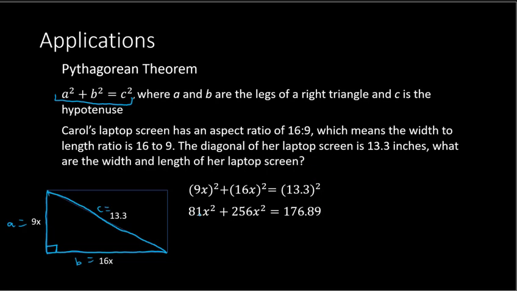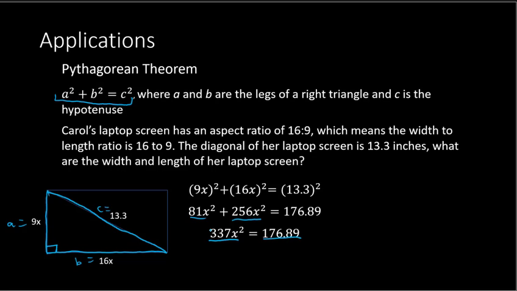So from here we can combine like terms. 81x squared plus 256x squared would give you 337x squared. And then we can solve this. We have a quadratic equation, so we can isolate the x value by dividing both sides by 337.